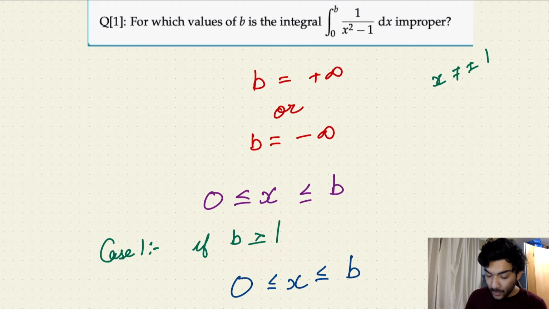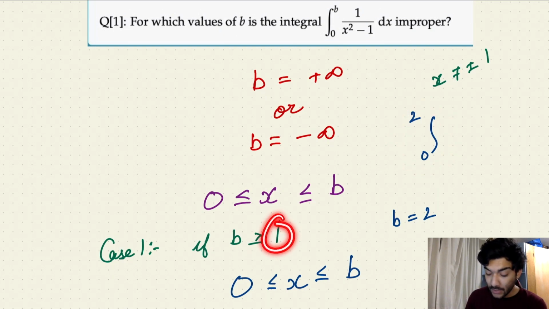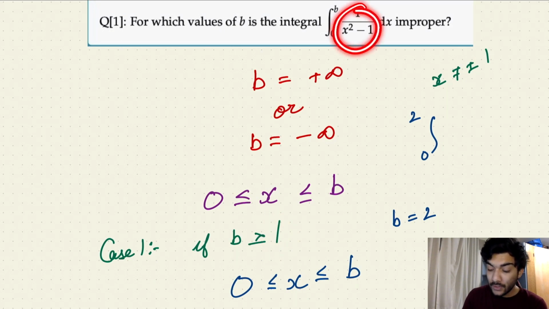Let's suppose b is equal to 2. You will be calculating the area under the curve from x equals 0 to x equals 2, and since the domain of the integration contains 1, for which your function is not defined, you will say that your definite integral is an improper integral.